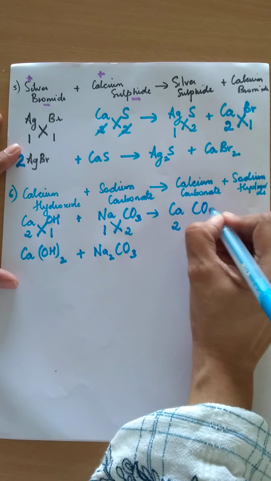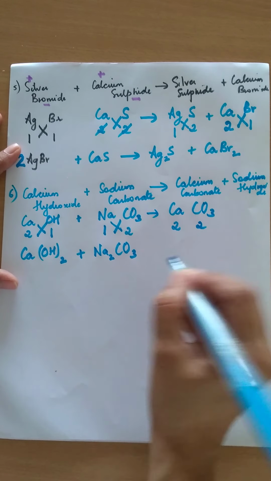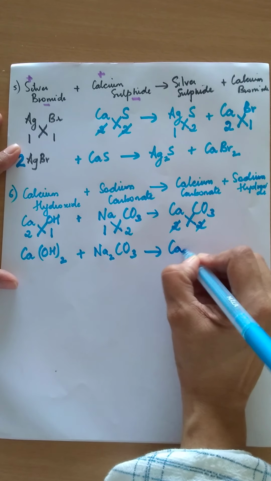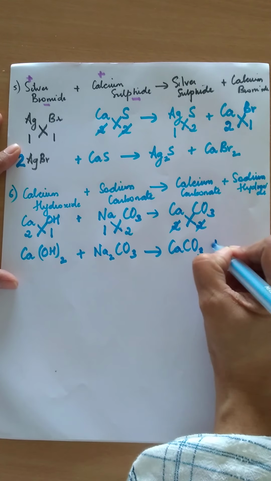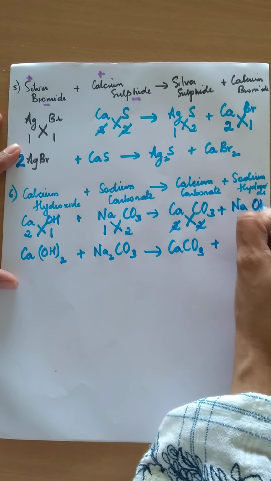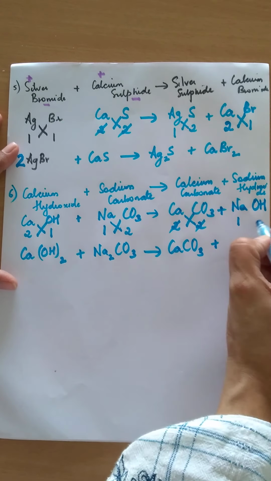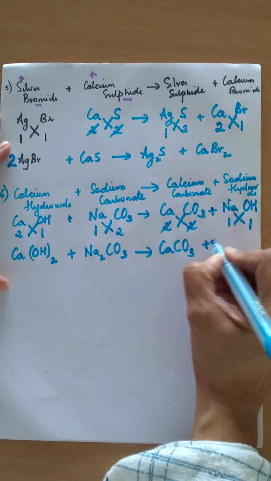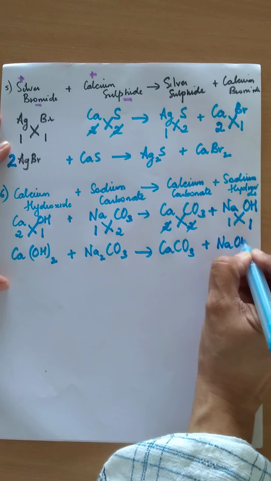Carbonate is CO3, so valency is 2. The 2s cancel, so you get CaCO3 plus sodium is Na, valency is 1. Hydroxide is OH, valency is 1. So after you cross multiply, you get NaOH.